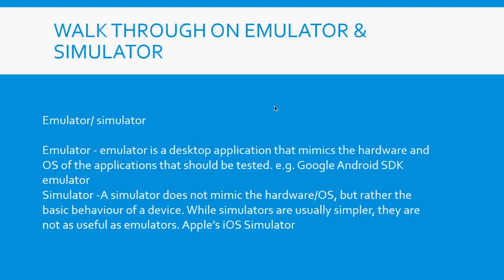An example is the Google Android SDK. So basically, an emulator will act like the hardware and the software of the application, and it will give you better test coverage than using a simulator, because the simulator's behavior is very, very light.